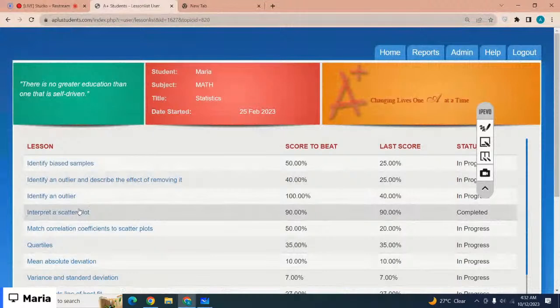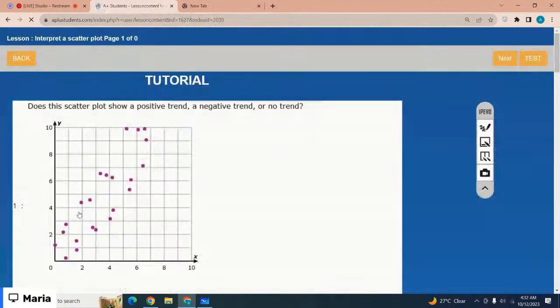Interpret a scatter plot. Does the scatter plot show a positive trend, a negative trend, or no trend?